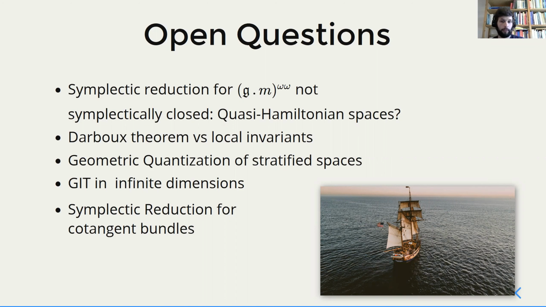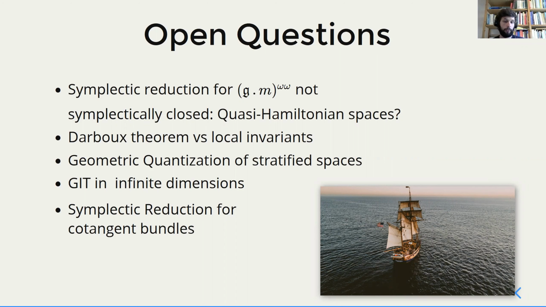So, for example, I think that then we get something that is called quasi-Hamiltonian spaces or extended moduli spaces, which were introduced by Johannes Hübschmann in this context of reduction by pointed gauge transformations over a surface. And it would be really interesting to see how this can be generalized to other contexts.